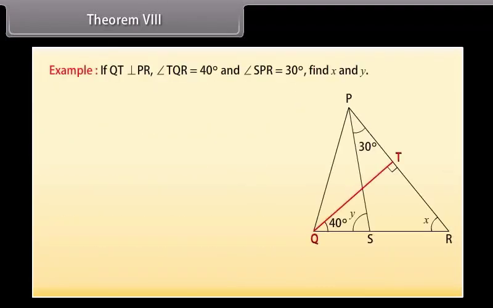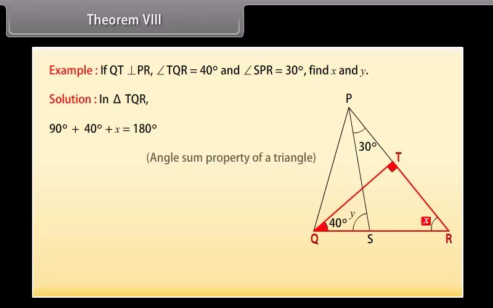If QT is perpendicular to PR, angle TQR is equal to 40 degrees and angle SPR is equal to 30 degrees, find x and y. Solution. In triangle TQR, 90 degrees plus 40 degrees plus x is equal to 180 degrees because of the angle sum property of a triangle.